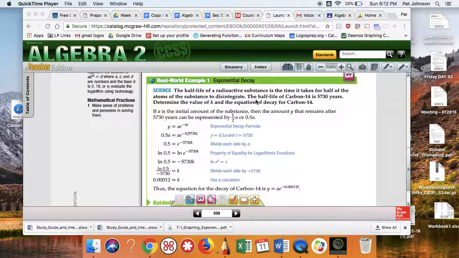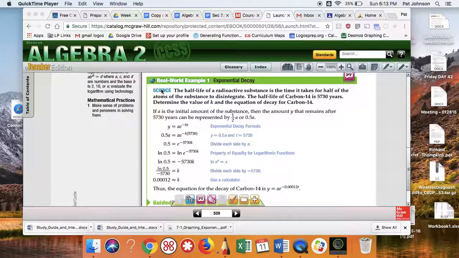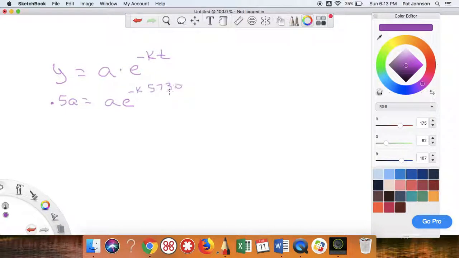The initial amount of carbon we say is a, and we don't know the rate, but we know that it takes 5,730 years to get half of this. So we can say 0.5a is equal to a times e to the negative k times 5,730 years, because they're telling us it takes this many years to get half of the initial amount.